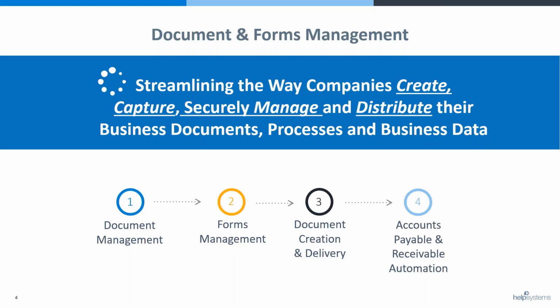We have been helping companies for decades now on their digital transformation automation journey. Our mission is helping streamline the way companies create, capture, and securely manage and distribute their business documents, processes, and business data inside and outside the organization.